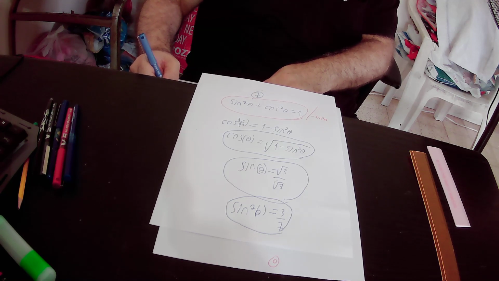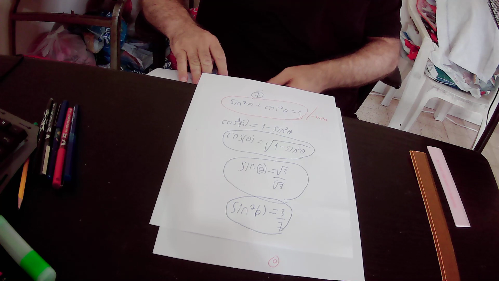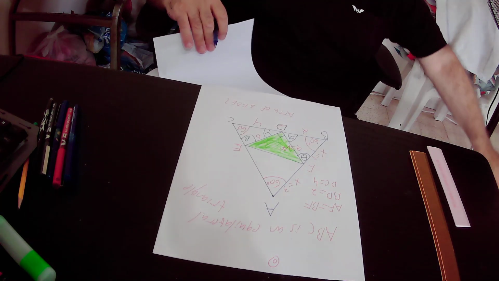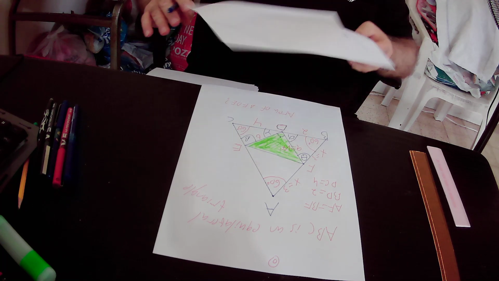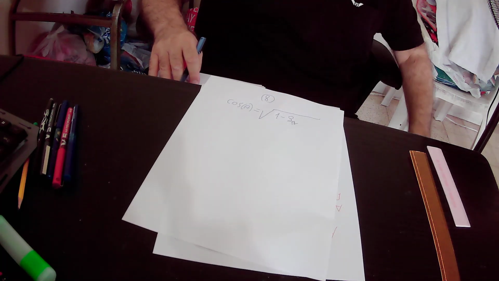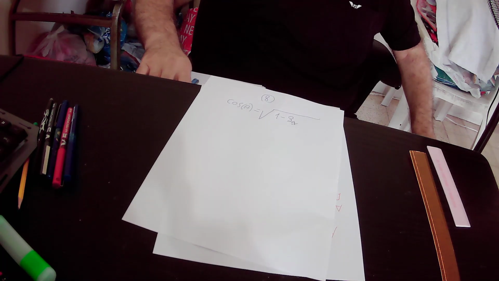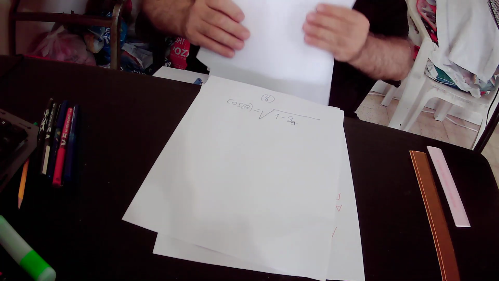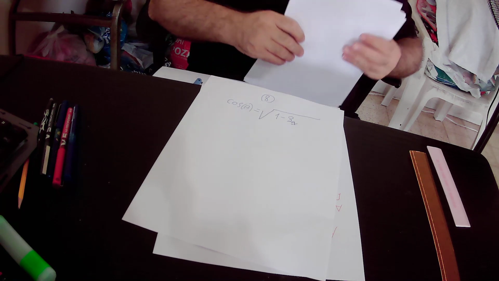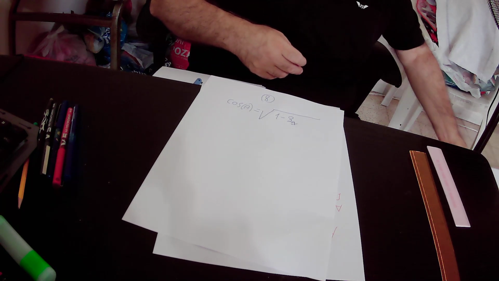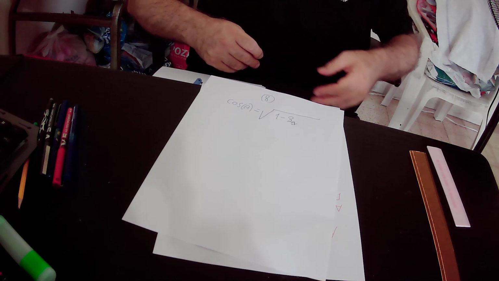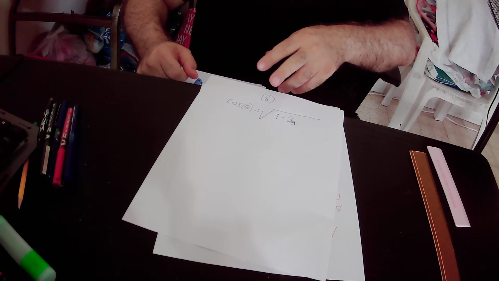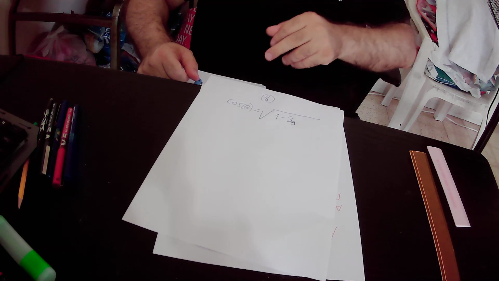So we got that the value of cosinus theta is the root of 1 minus 3 over 7. 1 minus 3 over 7 equals to 4 over 7. So in total we got that cosinus theta equals to the root of 4 over 7.